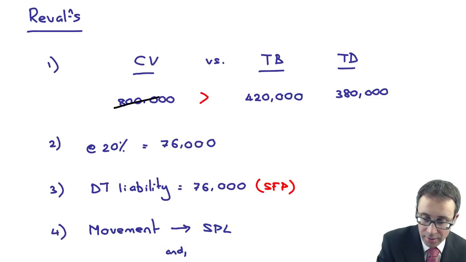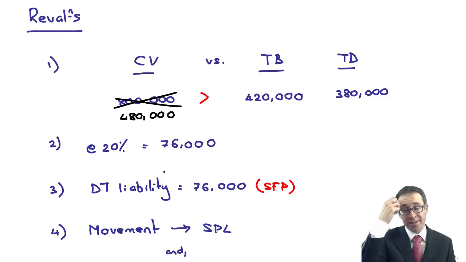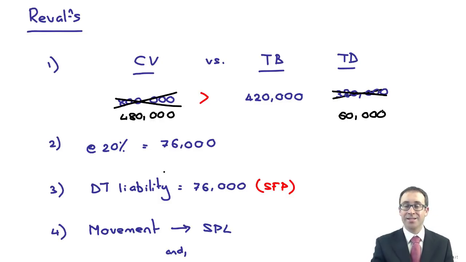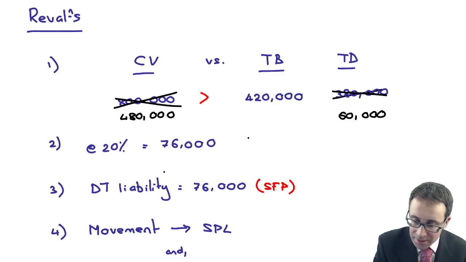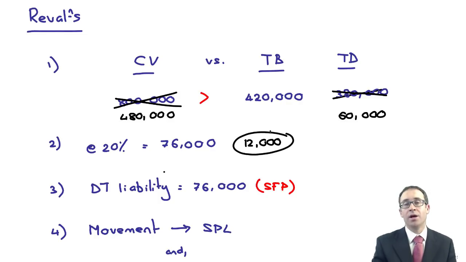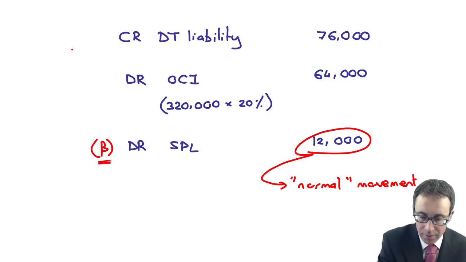So if we were to put in, you don't need to do this, it's just for demonstration purposes, if there was no revaluation, the normal movement would have been 480 to 420. That then means the carrying value is greater by 60,000, and at 20% that would have given us 12,000. So that, if you like, is the normal movement, looking at the carrying value pre-revaluation, and the normal movement that we just worked out quite simply as a balancing figure.